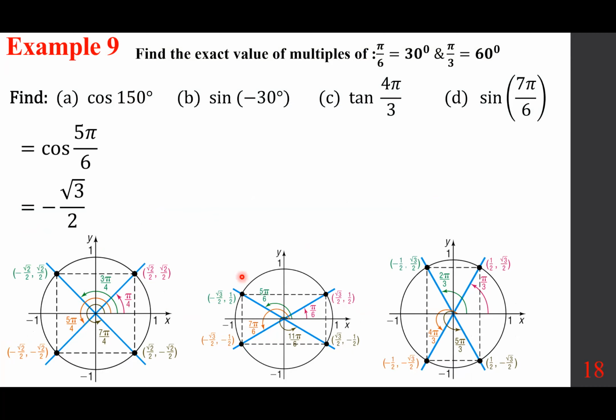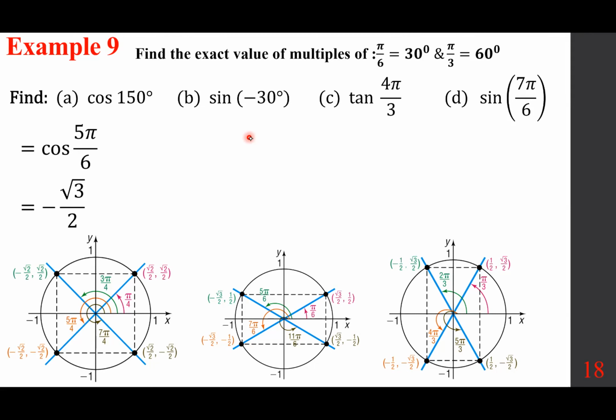We should really know all of those. As long as we know what's happening in the first quadrant, then we can figure out everything in the other quadrants. Now, minus 30 degrees or minus pi over 6. So when you remember that sine of 30 degrees is 1/2, sine for negative pi over 6, and sine is represented by the y coordinate, puts you in the fourth quadrant, and it makes it negative.